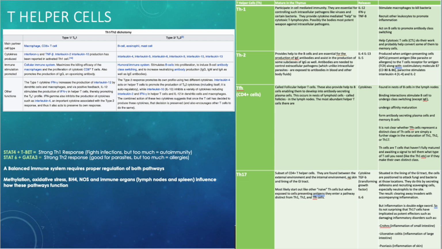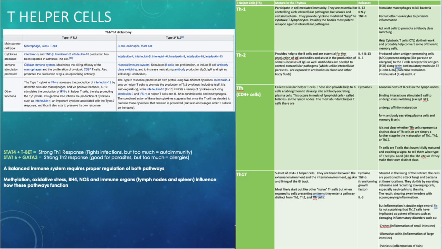They release cytokines, transforming growth factor beta and interleukin 6. They are situated in the lining of the GI tract and are positioned to attack fungi and bacteria at those locations. They do this by secreting defensins and recruiting scavenger cells, especially neutrophils, to the site. The result: clearing away invaders with accompanying inflammation.